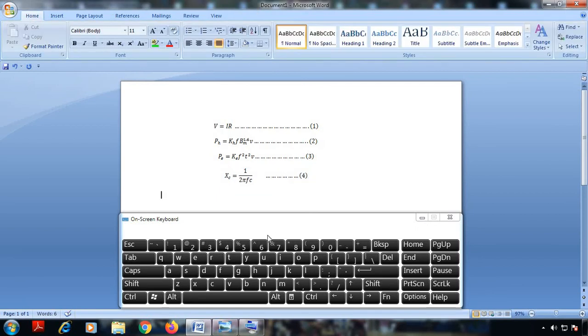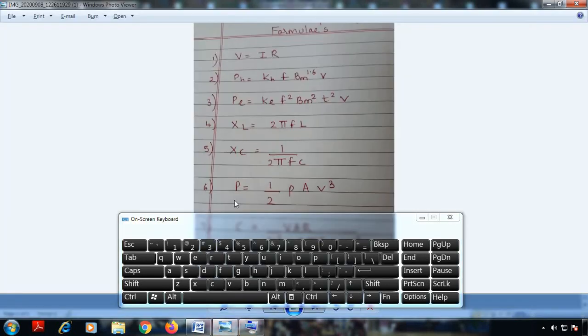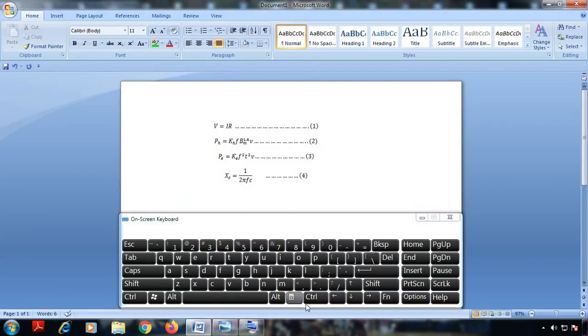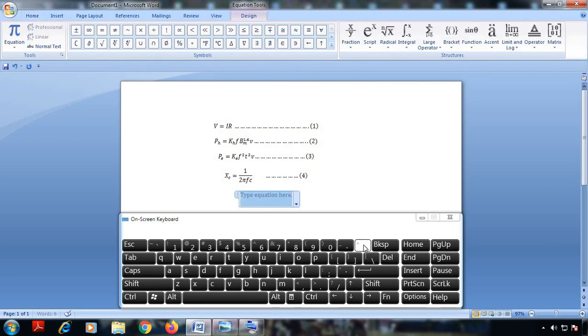Now I'll make use of one more formula to make this more presentable, more convenient for you to understand. Let's say there's a formula for P wind, that is half rho A V cube. How am I going to do that? Alt equal to, let's say it is p underscore wind and space. P wind is equal to half rho.